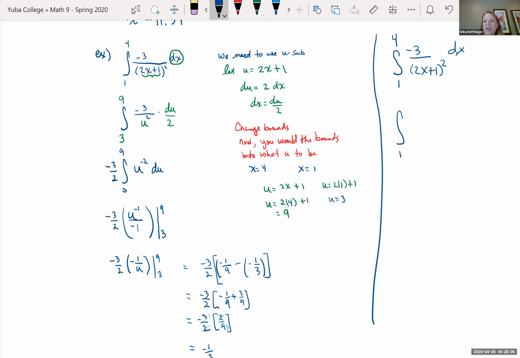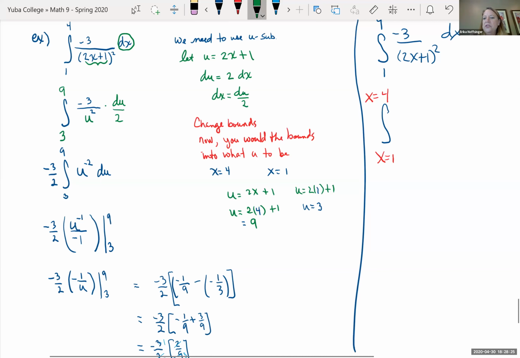If I don't change my bounds, just so we don't forget, we're going to put in here that x equals 1 and x equals 4. And now if we did that substitution, this was -3 all over u squared du, or dx, which was the du over 2.